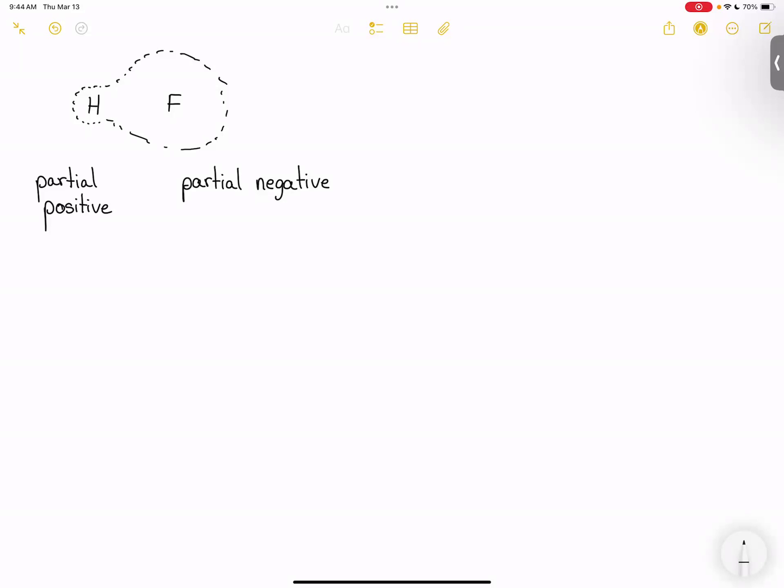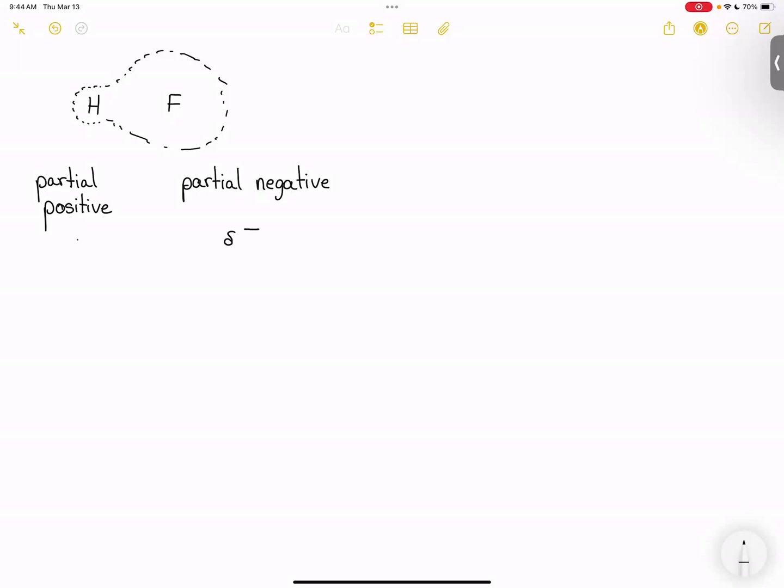Now, the way we represent this partiality is using the Greek letter delta, the small delta, which to me looks a lot like an S. If it's partial negative, we put a delta negative.